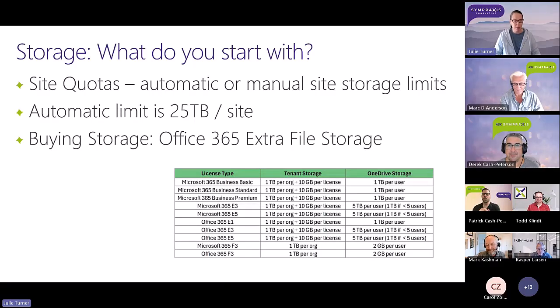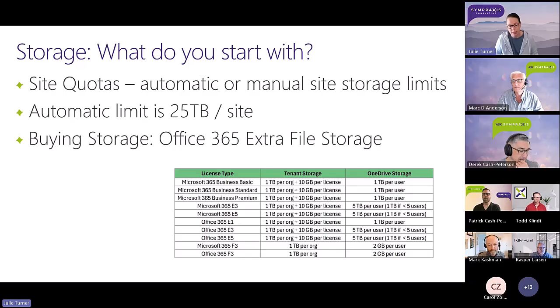Starting with storage, I'm going to handle this one. What do you start with? There's a link in our resources, but there's a great article out there that gives you this nice chart that helps you understand what you get to start with in your tenant based on the license type you have and how many users you have. Most of these start with 1 terabyte for the org itself.